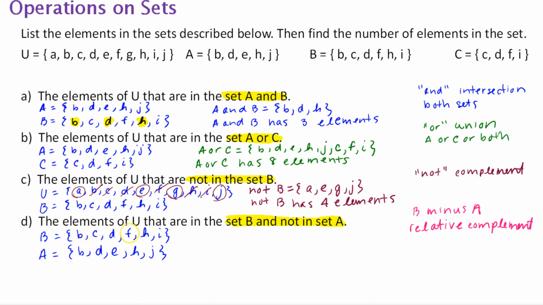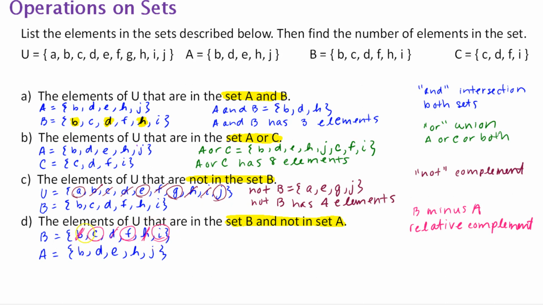So we want all the elements in B and not A. So B is in A, cross it out. D is in A, cross it out. E is in A, but it's not in B, so there's nothing to cross out. H is in A, so cross it out. So the elements that are in B and not in A are C, F, and I.